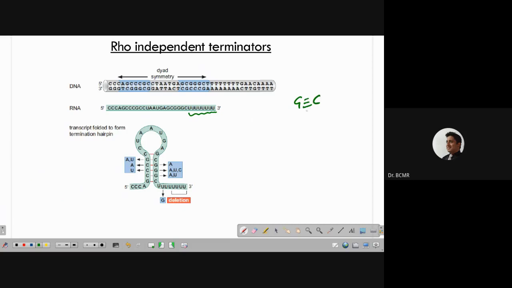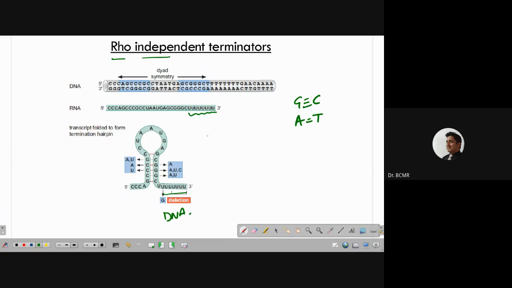GC has 3 hydrogen bonds, whereas AT has 2 hydrogen bonds. So the number of hydrogen bonds between the DNA template and these will be lesser. And this hairpin loop will also stimulate the dissociation of RNA polymerase from the DNA. So these are called rho independent terminators because rho is not involved.